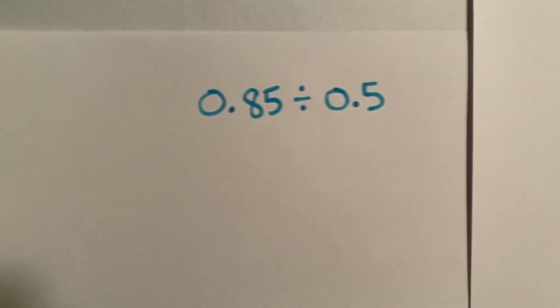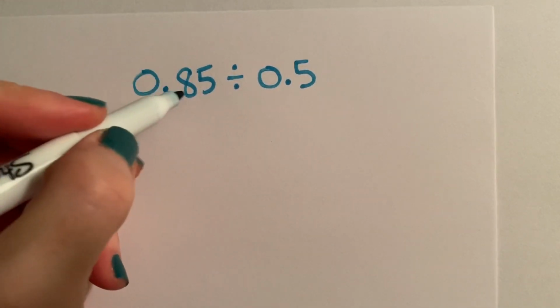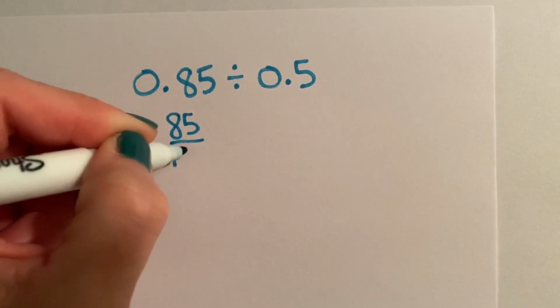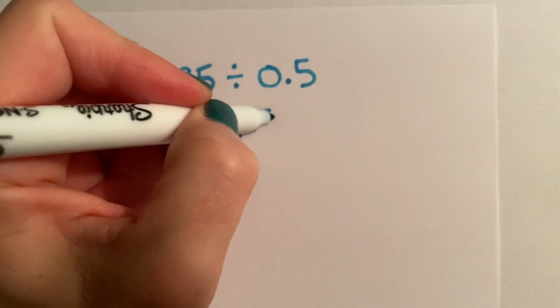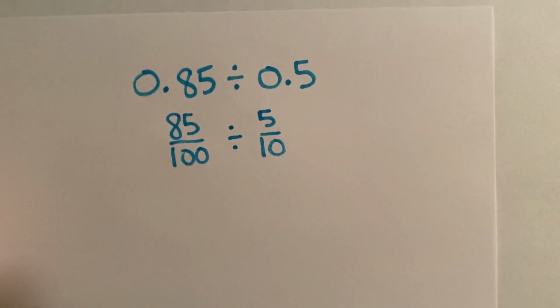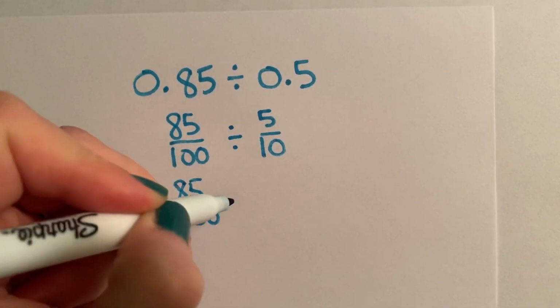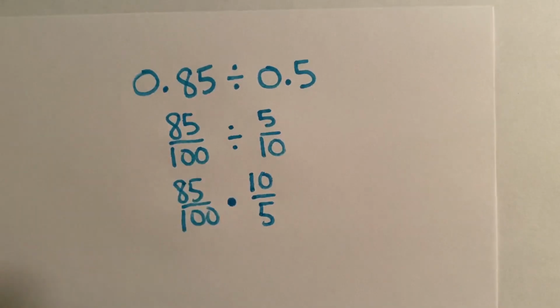Let's take a look. 0.85 divided by 0.5. Let's turn these decimals into fractions. So this is going to be 85 hundredths divided by 5/10. Now we move to 85 hundredths times the reciprocal, 10 over 5.